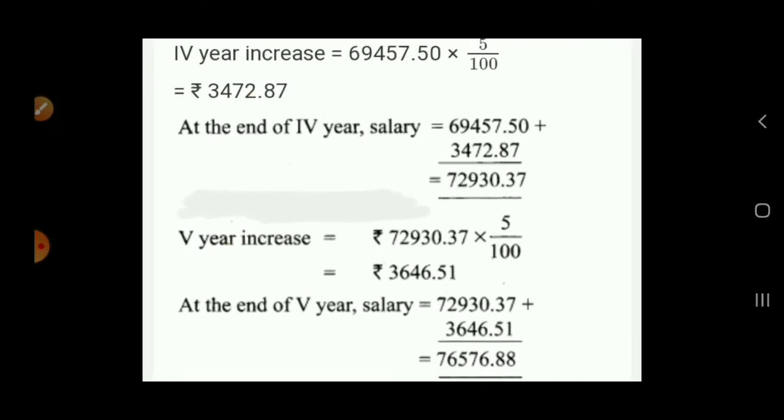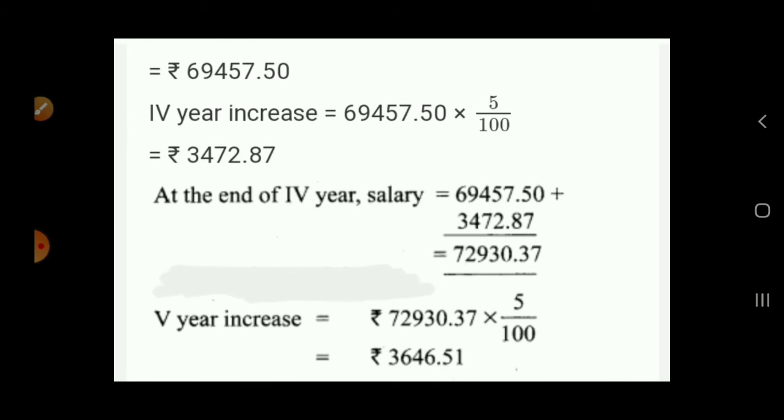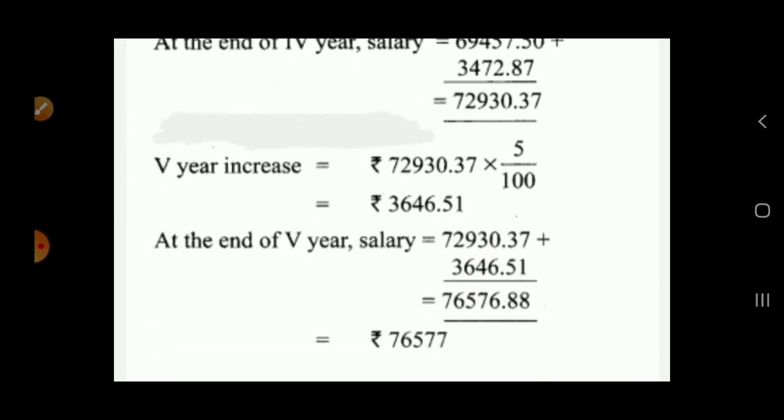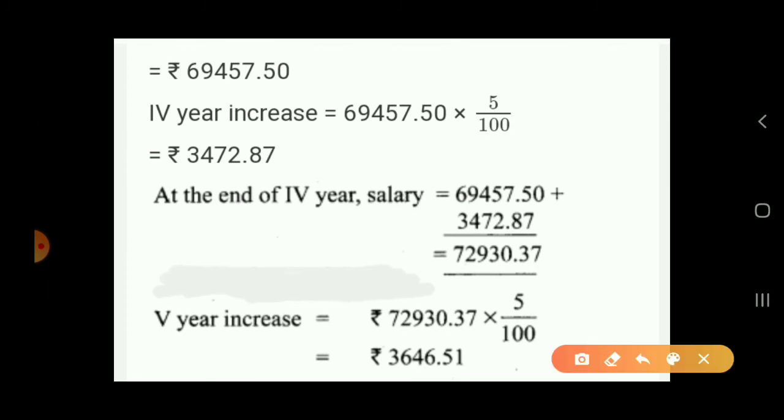At the end of the third year, you get 69,457.50. The fourth year increase similarly: 69,457.50 into 5%, you get 3,472.87. Adding these two, you get 72,930.37.